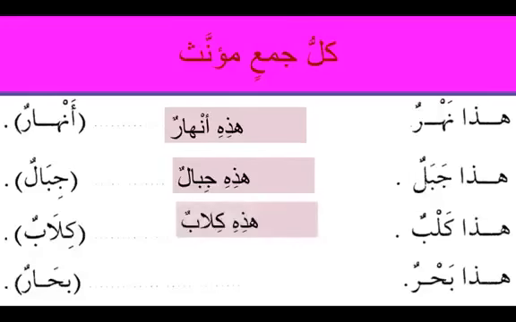So جبل means mountain. هذا جبل, this is a mountain. You say هذه جبال. So هذا كلب. كلب means dog. So هذه كلاب. So بحر. بحر means a sea. So هذا بحر. هذه بحار.